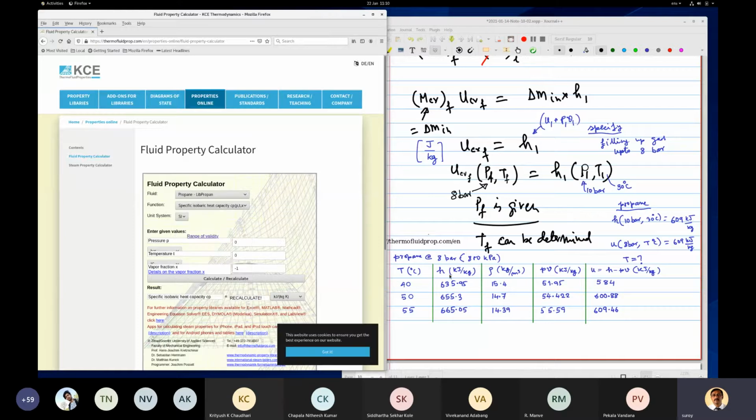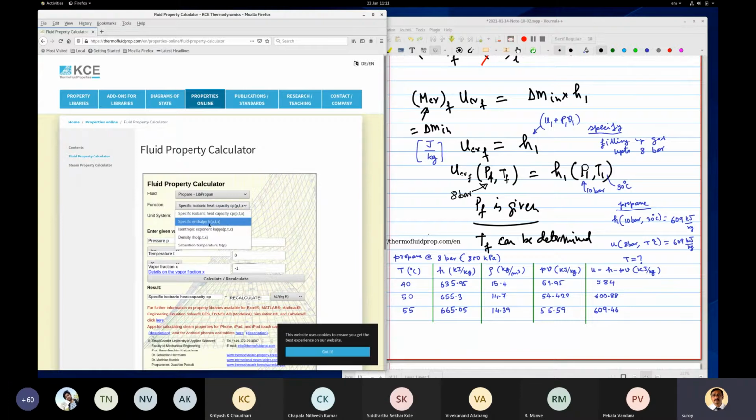Now let us see. This was at 30 degrees centigrade. Here it is 8 bar pressure, right? Our pressure is 8 bar. What we have to see is that the temperature has to be more, otherwise the internal energy will not match.